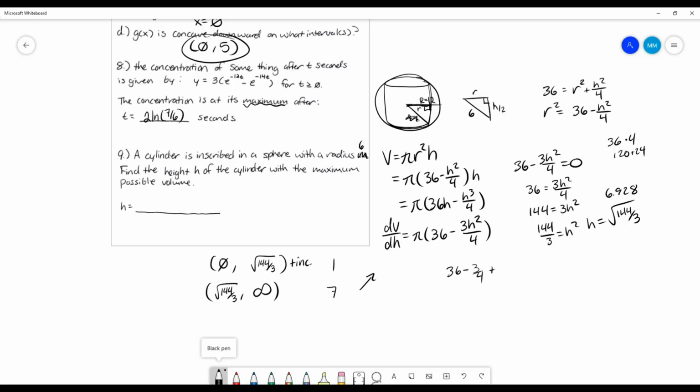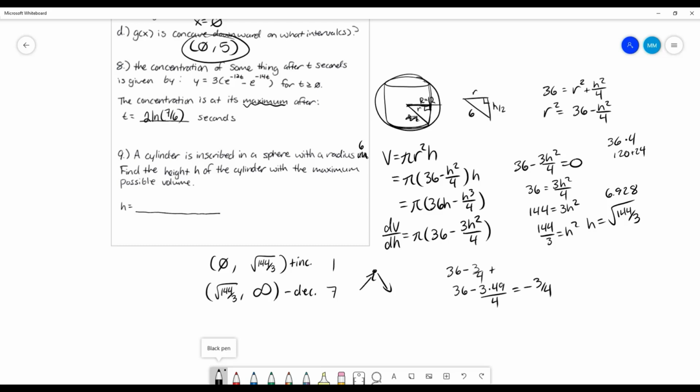If I plug in a 7, it's going to be 36 minus 3 times 49 over 4, which is negative, so it's decreasing, which means this is a maximum. So I think the issue is that I was plugging in a negative value where that didn't make sense for the domain.